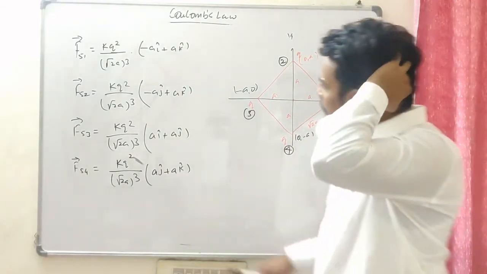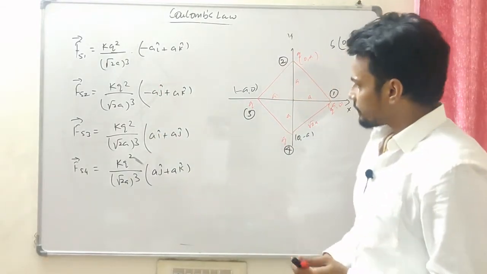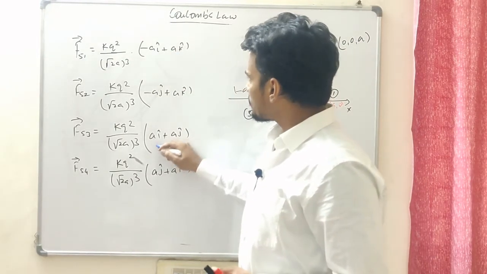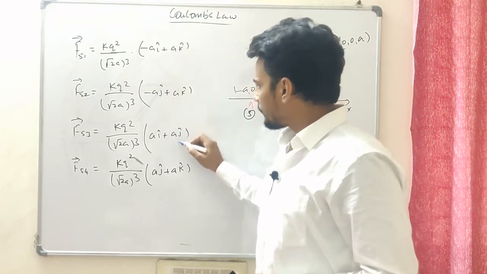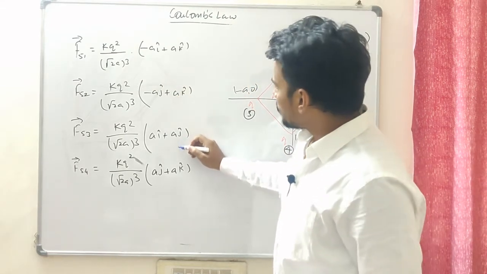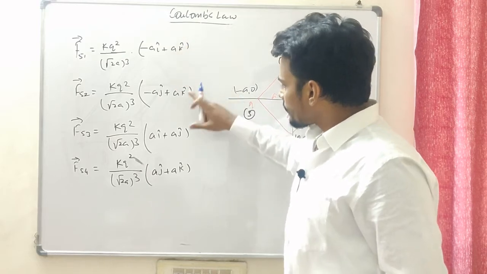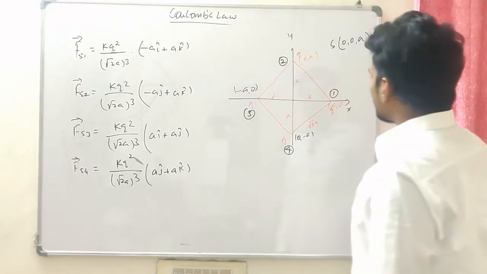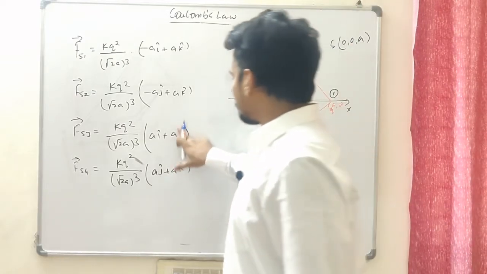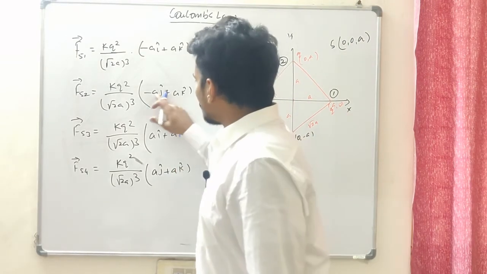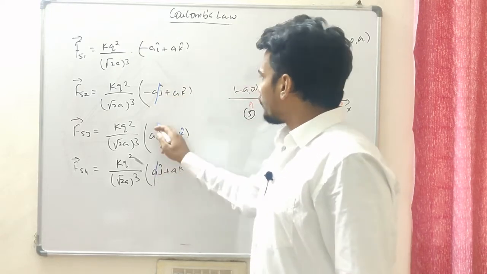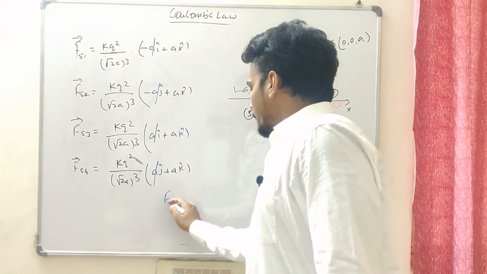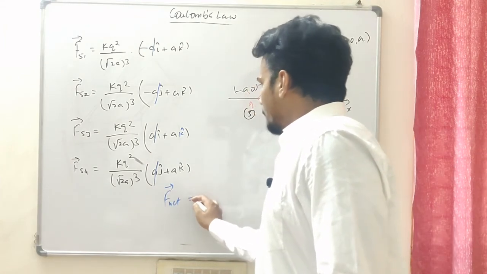So by the superposition rule of vector addition, the net force on 5 should be the vector sum of all these forces, right? Now if you just pay a bit of attention, you can see that this i cap would be cancelled by this, this j cap would be cancelled by this. What I'm going to have is k cap, k cap, k cap, k cap. So this would be nullified. So f net on 5 should be how much?